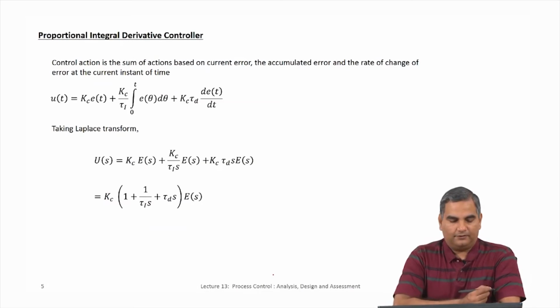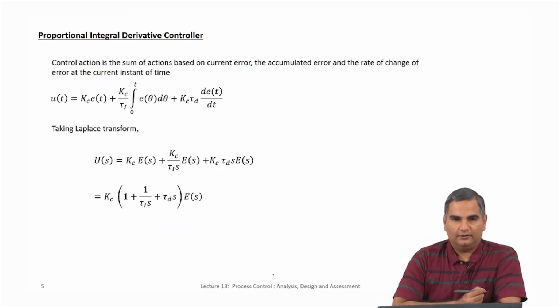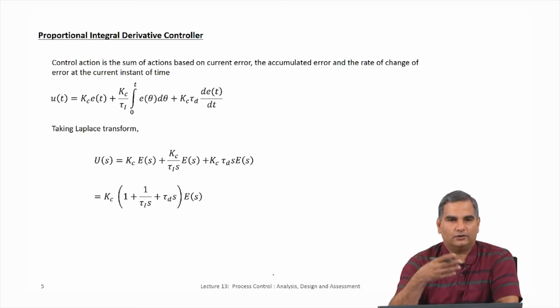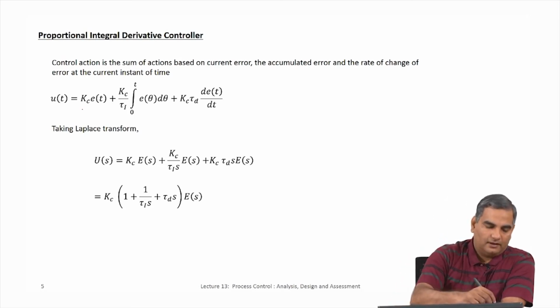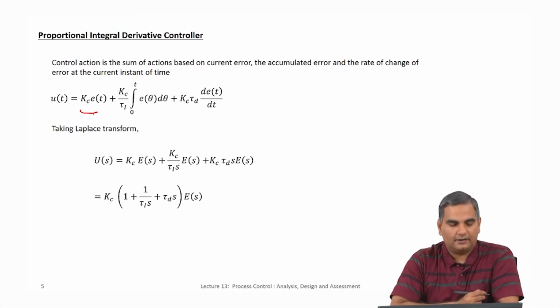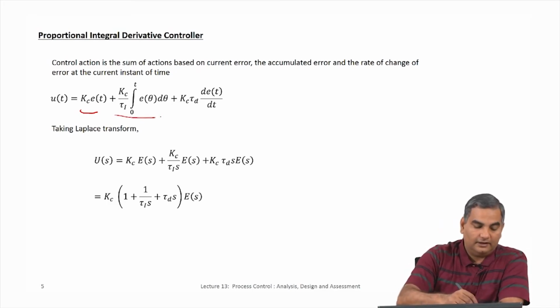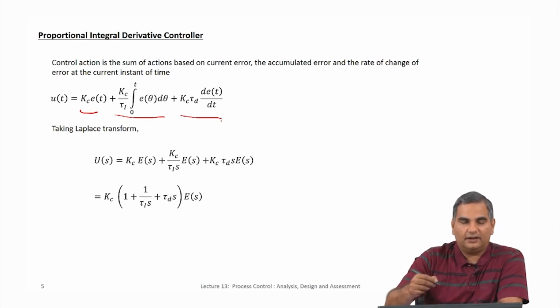The third type of controller we are going to see in this course is what is called proportional integral derivative control. Here the idea is I am going to set my manipulated variable based on first the current error, based on the integrated error, and also based on the rate at which the error is changing.